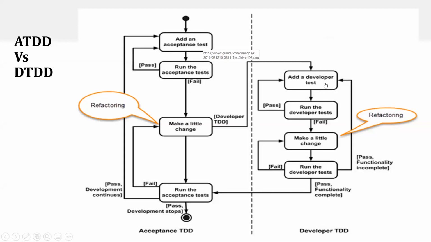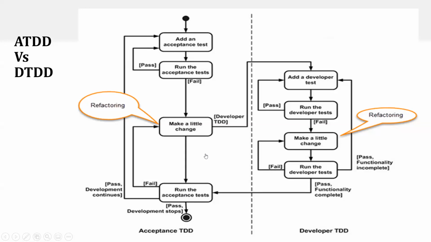Run the developer test, make little changes, fail, and do the process repeatedly. After getting it passed, run the acceptance test. Again, if it fails, make little changes. If it passes, development continues. At the moment when all the acceptance tests are satisfied, you come out of acceptance TDD. So this is the procedure for acceptance TDD and developer TDD.